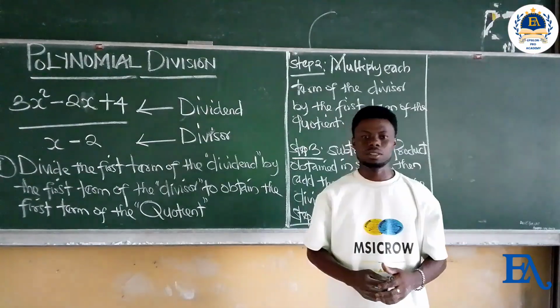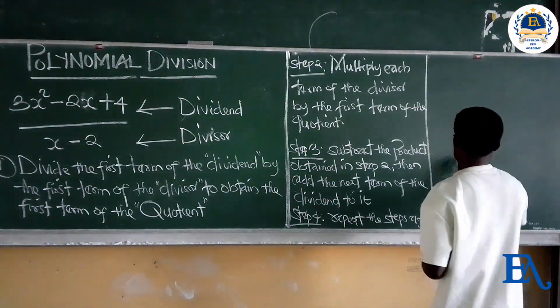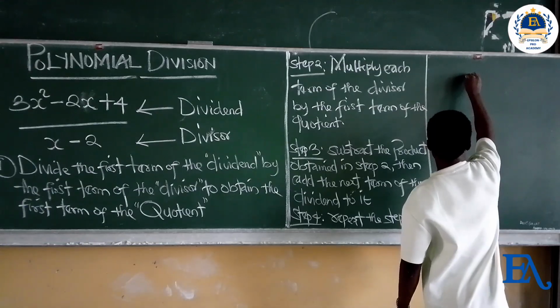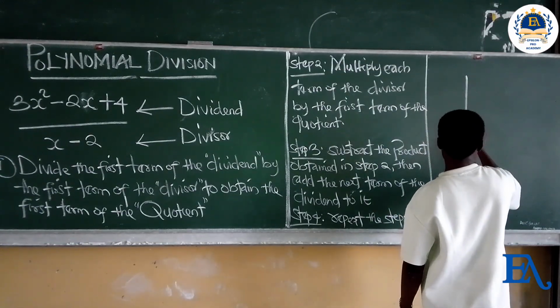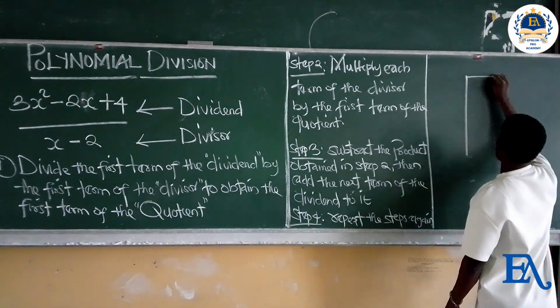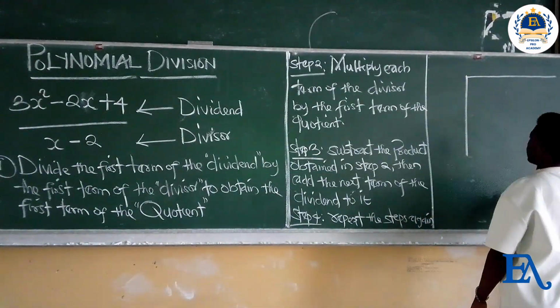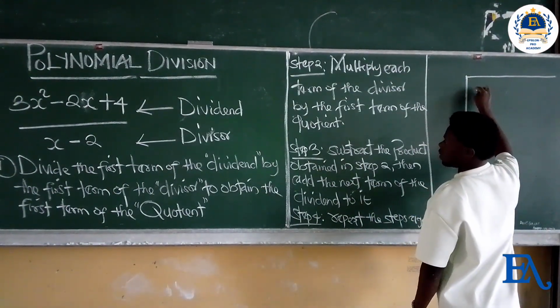Now we are going to solve this using the long division method. In the long division method, we draw a perpendicular line this way. Okay, so the dividend is written inside.